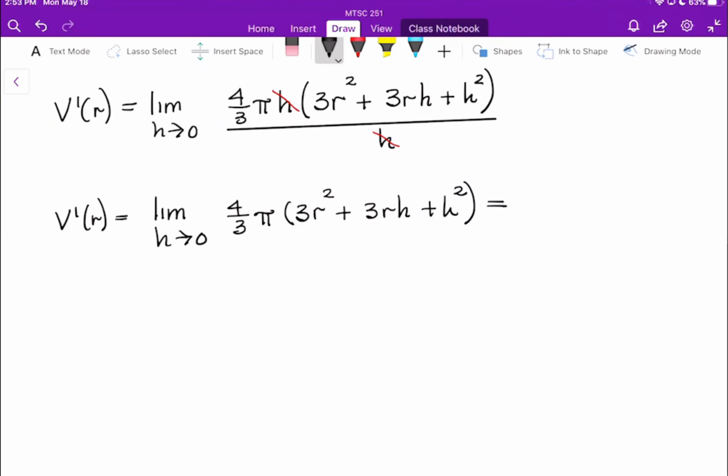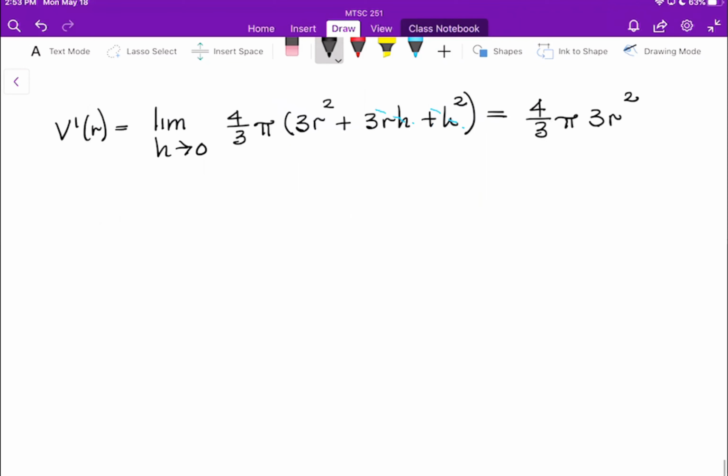And as h goes to 0, we end up with 4/3 pi times 3r squared. And finally, v prime of r is 4 pi r squared.